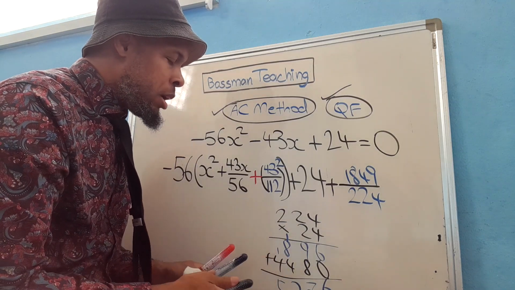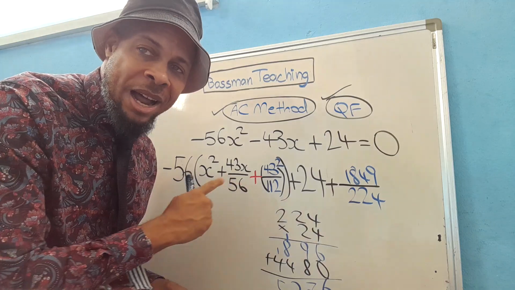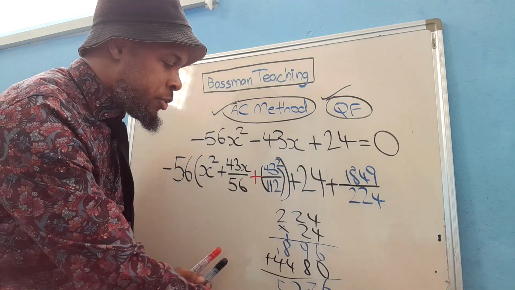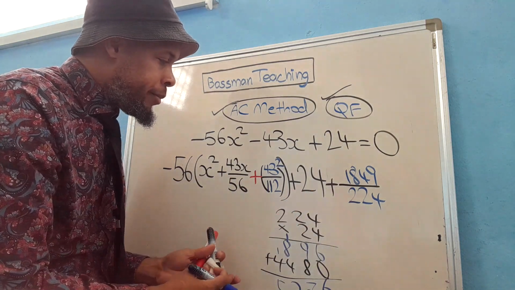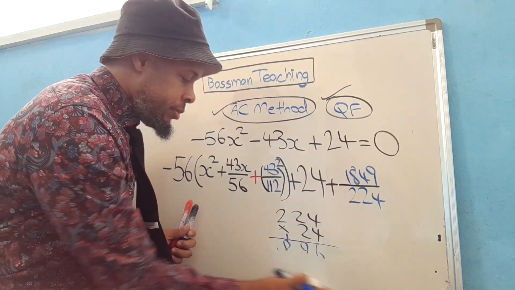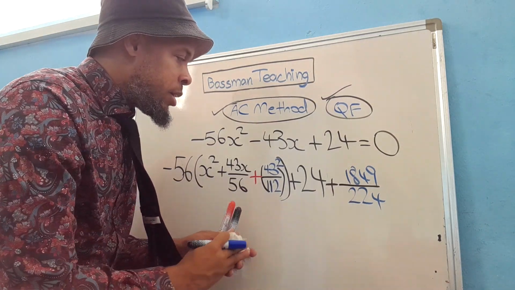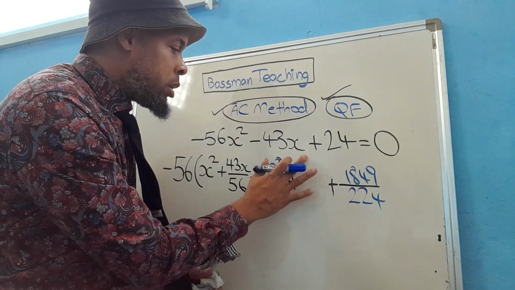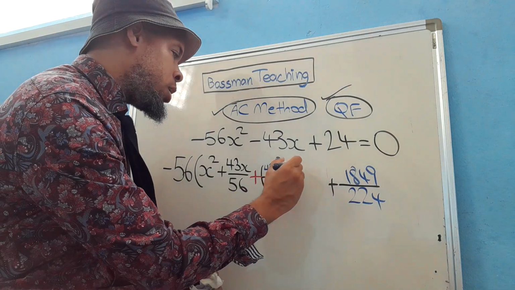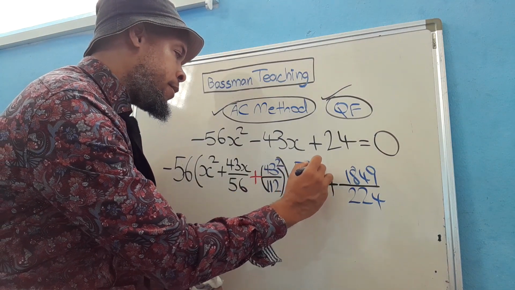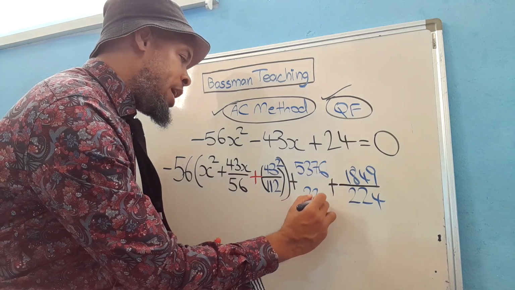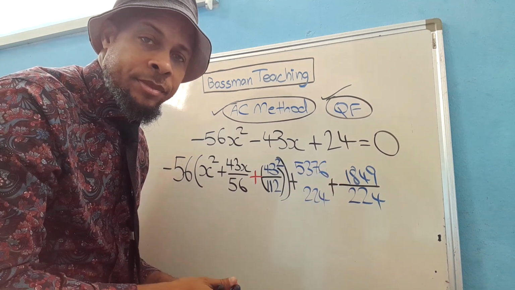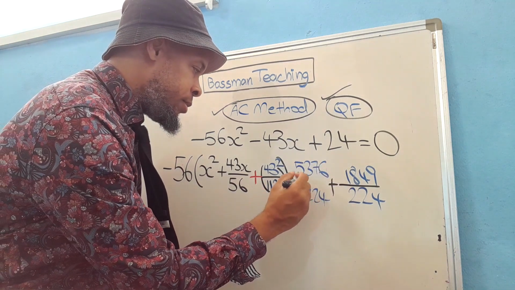Okay. That looks familiar. So we get 5,376 over 224. Look at that. So 5,376 goes over 224. Right?